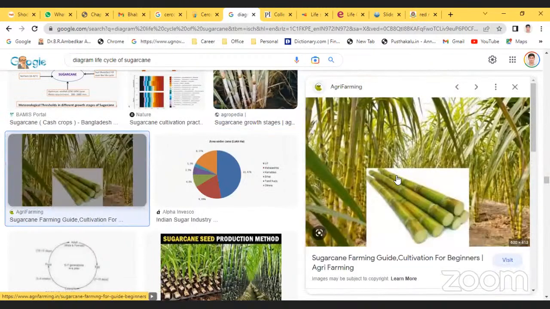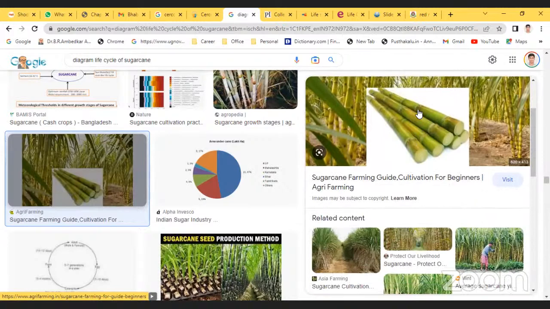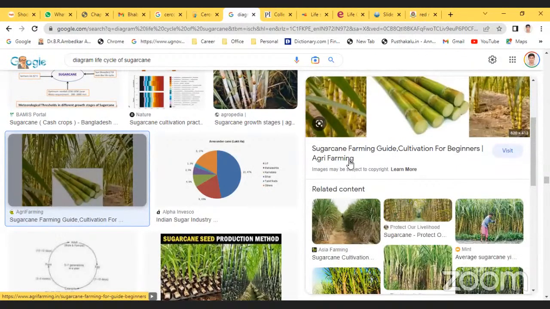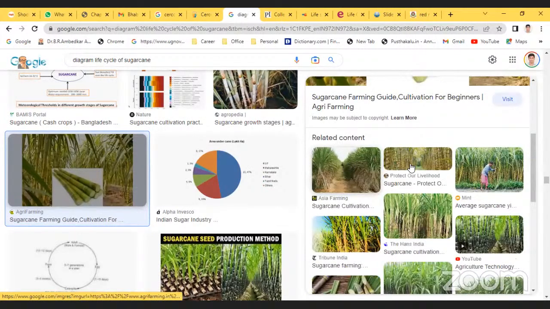Yes, this is the healthy one. There are no red spots here. The leaves also have no spots. This is the healthy sugarcane, so this type will get more price in the market. So generally the plantation looks like this.